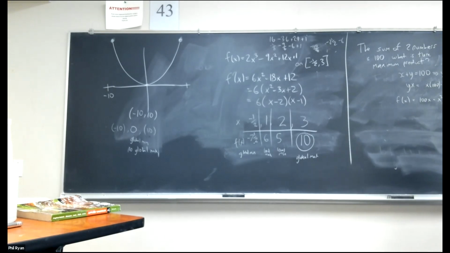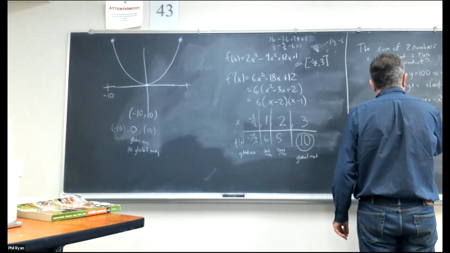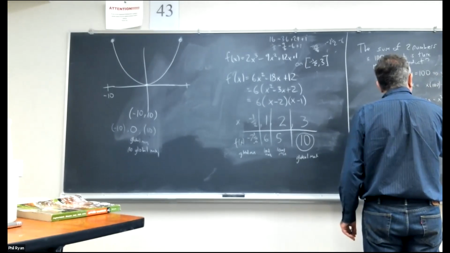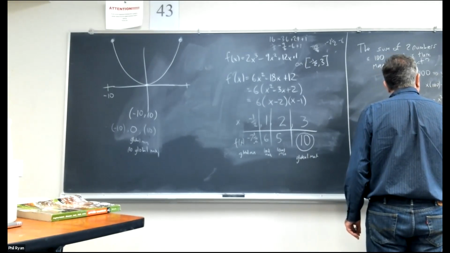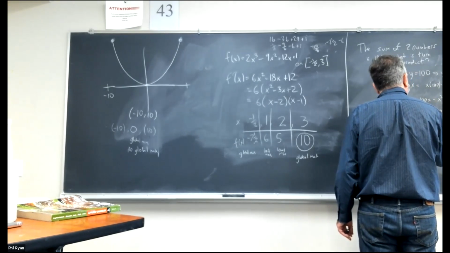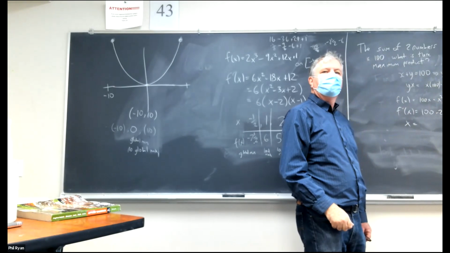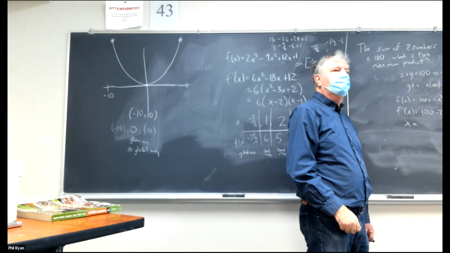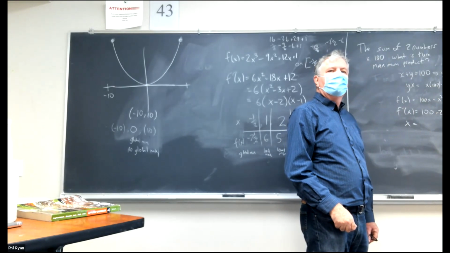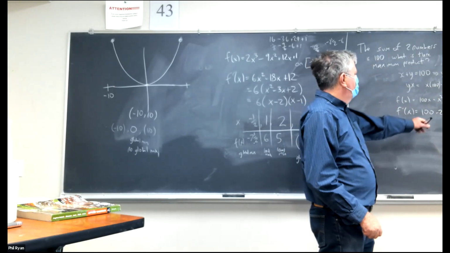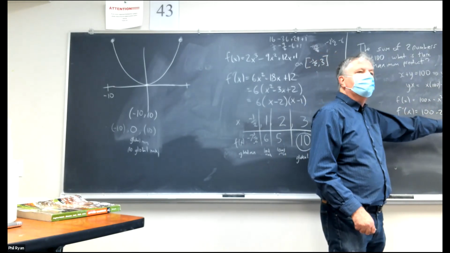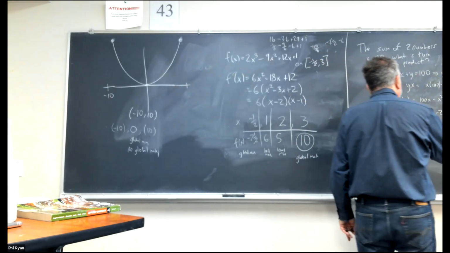Okay, and so you find the critical point. What's the critical point? 100 minus 2x equals 0, so x is 50, right?